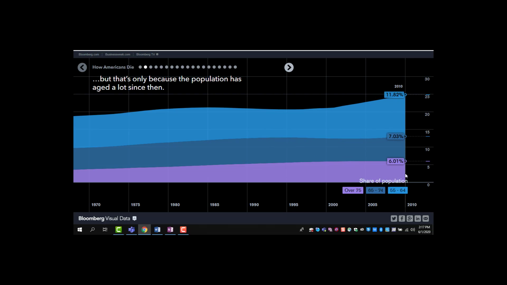And so you would expect that the death rate would level out because the demographic population of the United States is getting older.